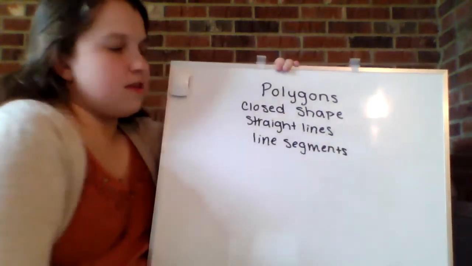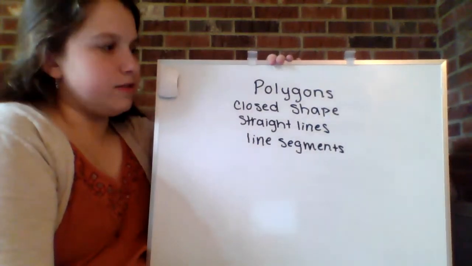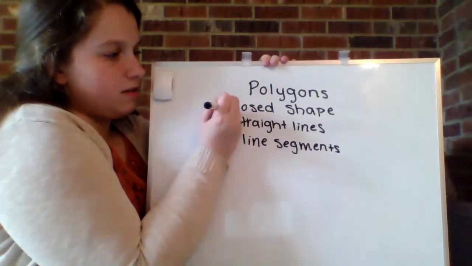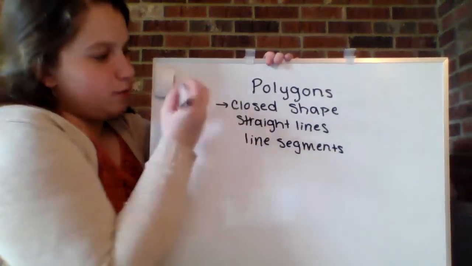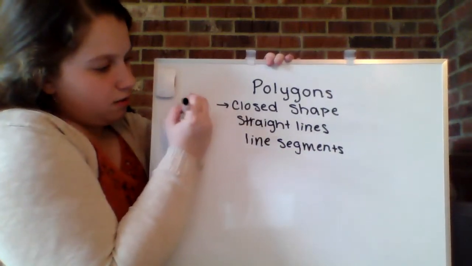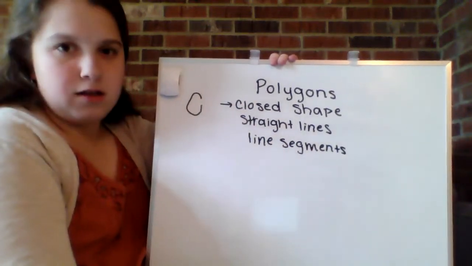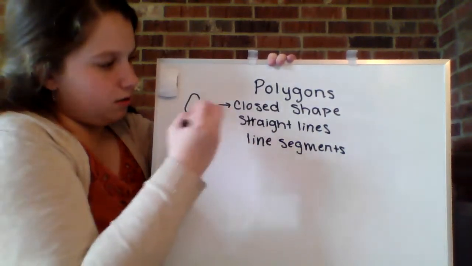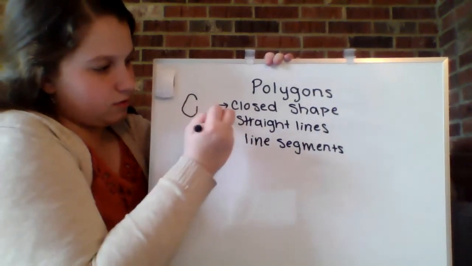So when we ask ourselves, is something a polygon? We've got to ask ourselves, is it closed? Which means that there's no opening. So this would not be a polygon. It also doesn't have straight lines.